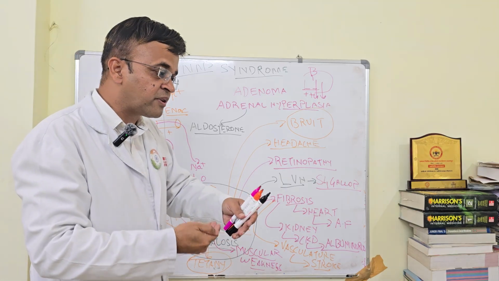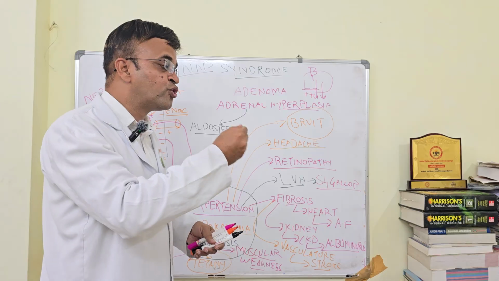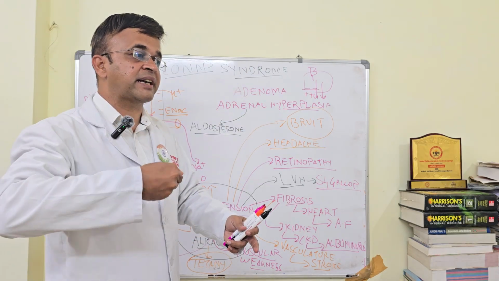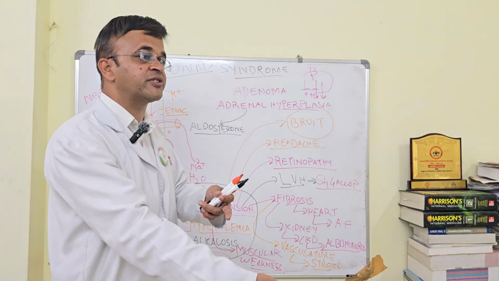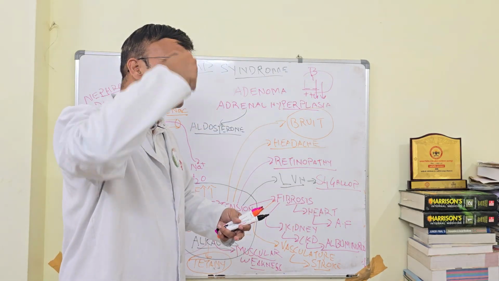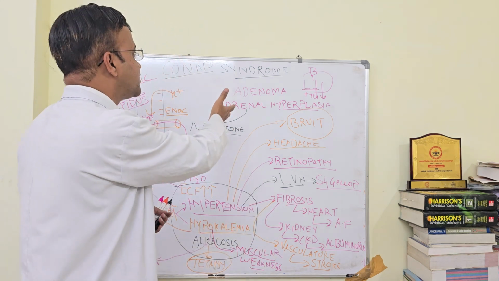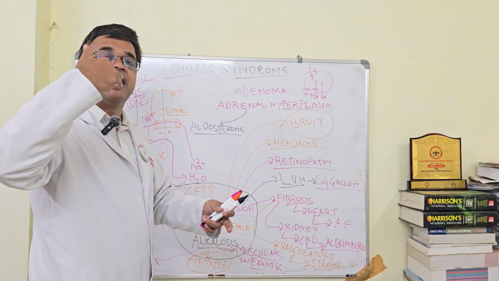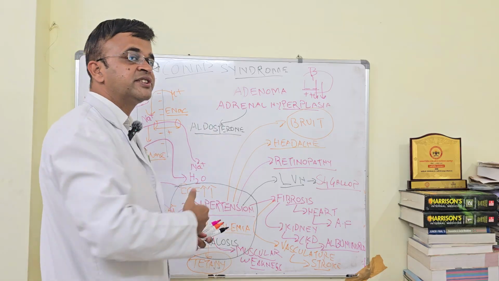Another approach is showing a negative feedback effect, like the fludrocortisone suppression test. If we give excess fludrocortisone, by negative feedback it will reduce the level of ACTH, and then you will have a reduction in the level of aldosterone. It will show improvement in Conn's syndrome.